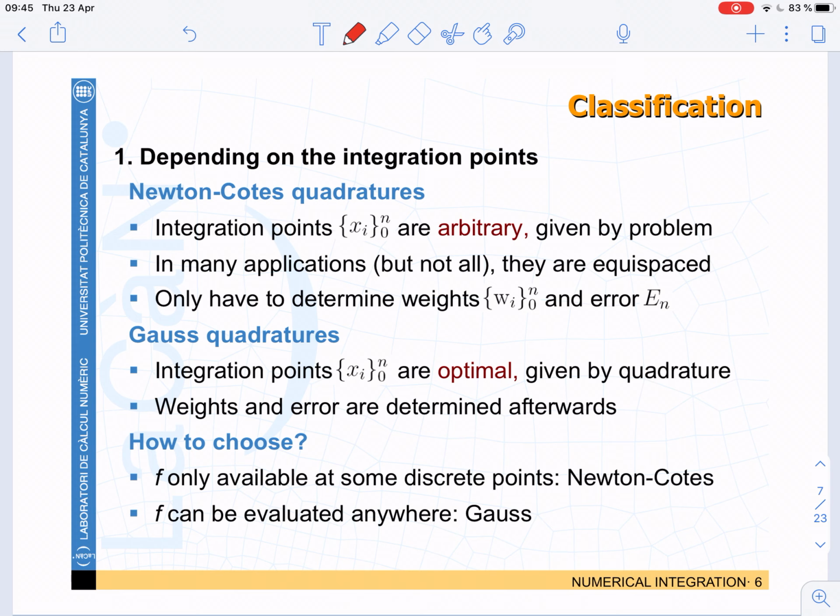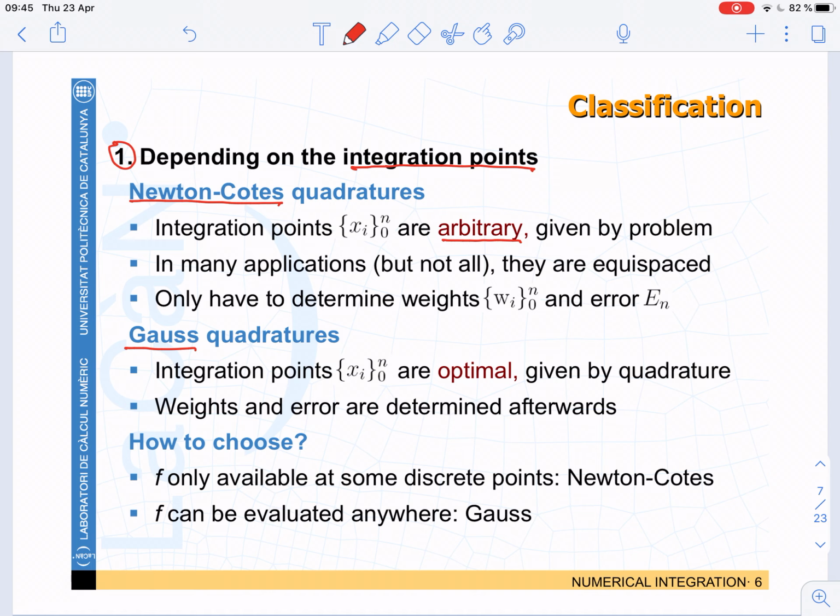How can we classify numerical quadratures? How can we classify formulas of numerical integration? We'll discuss 2 classifications. First one, depending on the integration points. 2 types, Newton-Cotes and Gauss. Now, in Newton-Cotes quadratures, integration points are arbitrary, given, imposed by the problem.